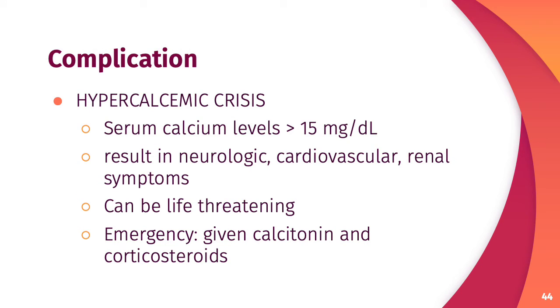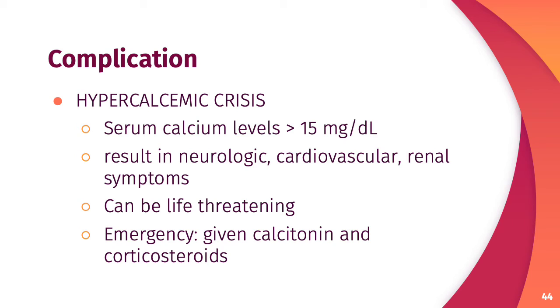A complication identified with hyperparathyroidism is hypercalcemic crisis, wherein the serum calcium level is more than 15 mg per dl. This results in neurologic, cardiovascular, and renal symptoms. This can be life-threatening. In an emergency, you give calcitonin and corticosteroids.